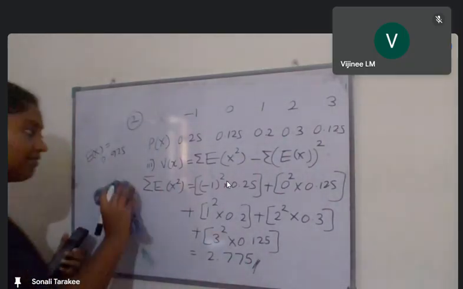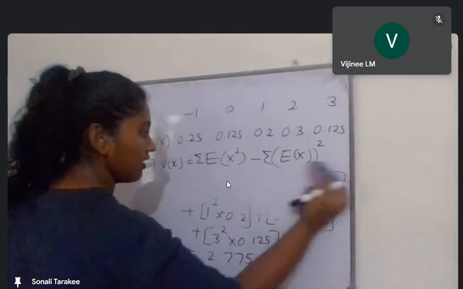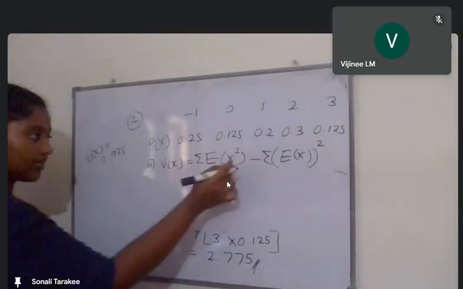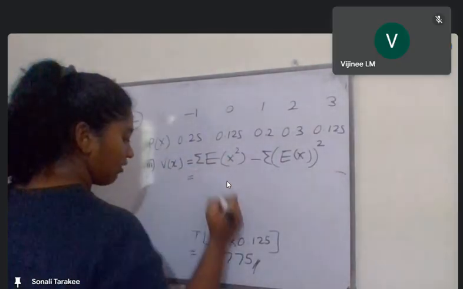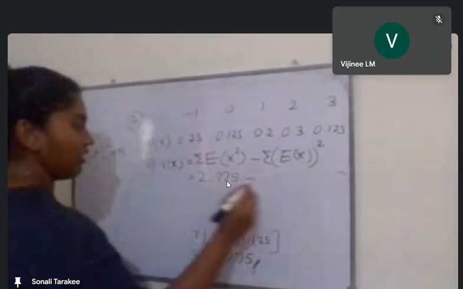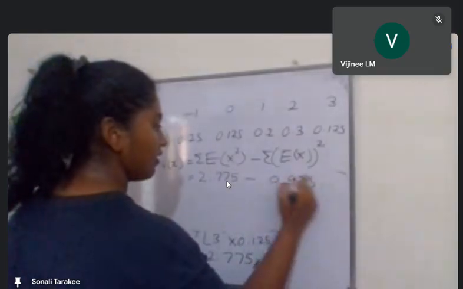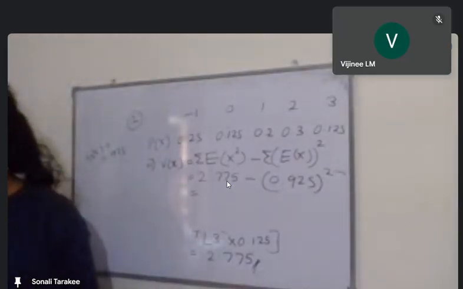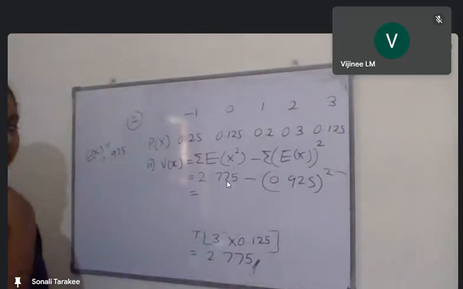Now we will find V(x). V(x) is E(x squared), we found that, 2.775 minus E(x) which is 0.925 squared. So once you simplify this one, use the calculators.